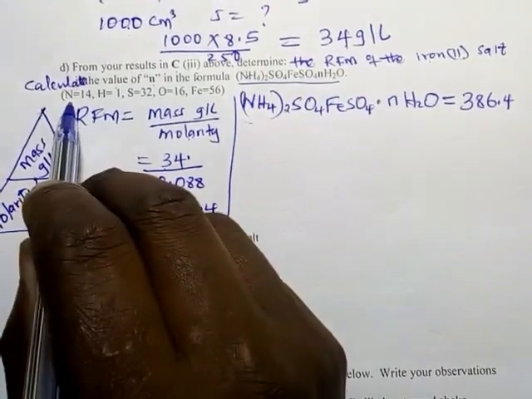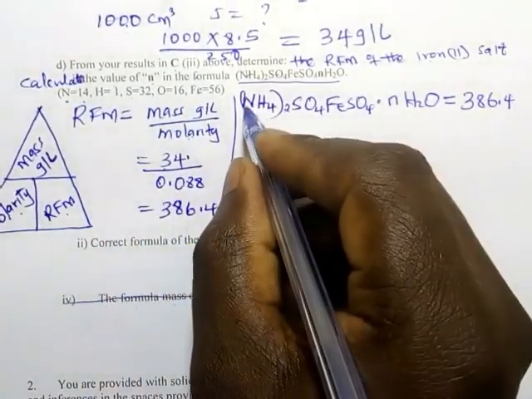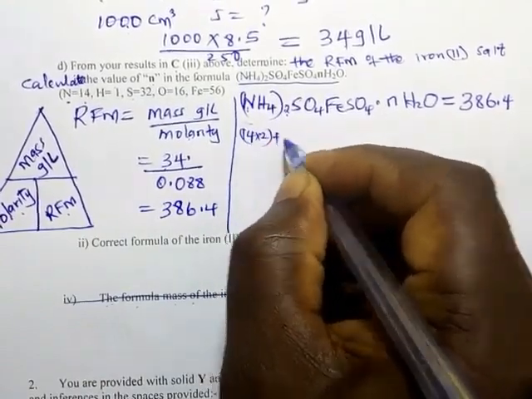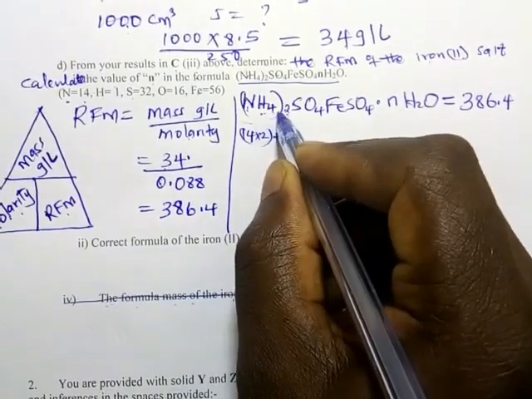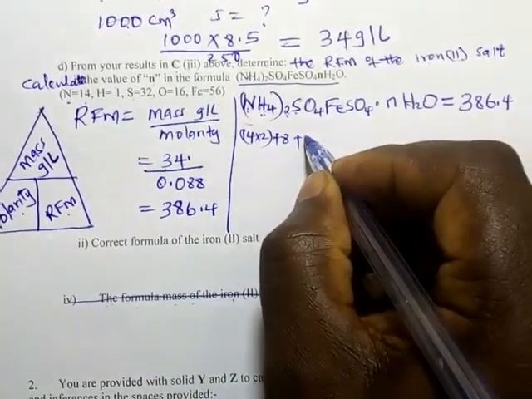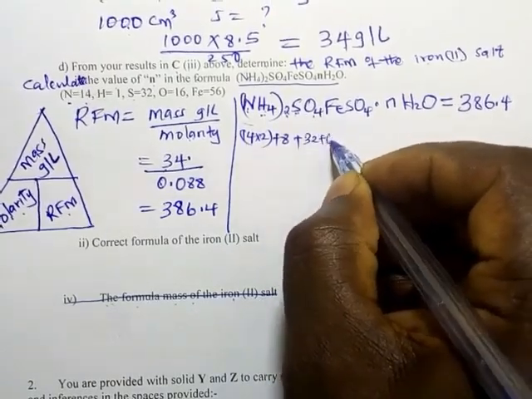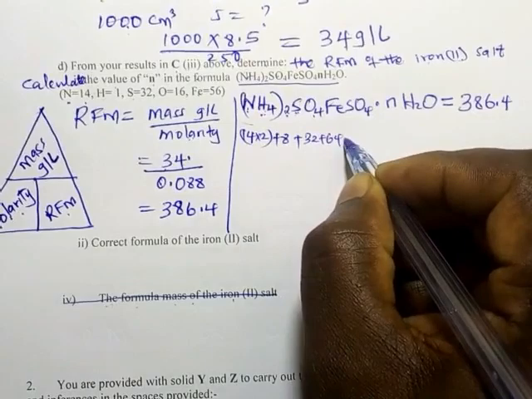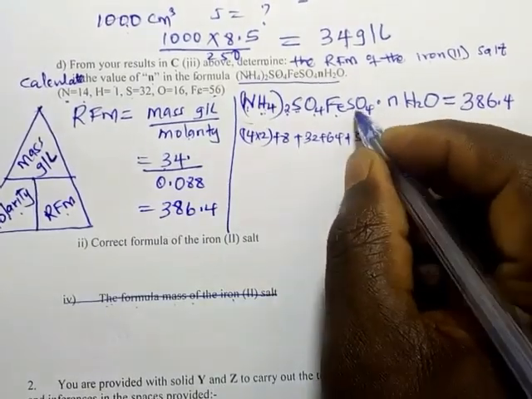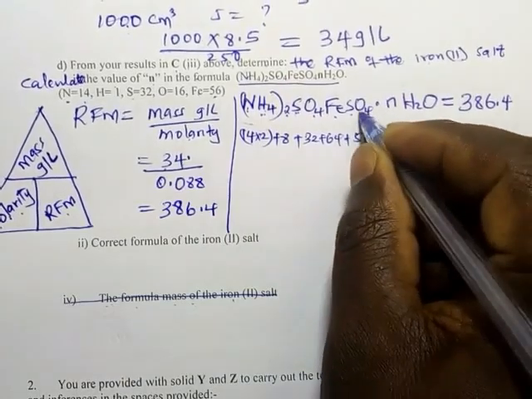We have been given N for nitrogen as 14, and all the atomic masses of each element. So this is 14 times 2, plus hydrogen is 4 times 2, because hydrogen is 1, that is 8. Sulfur is 32, plus 16 times 4 is 64, plus iron is 56.